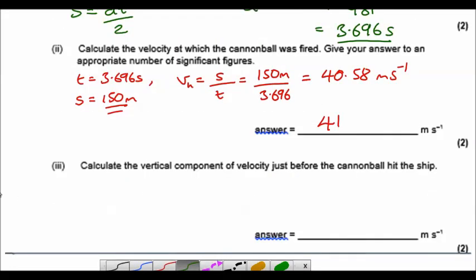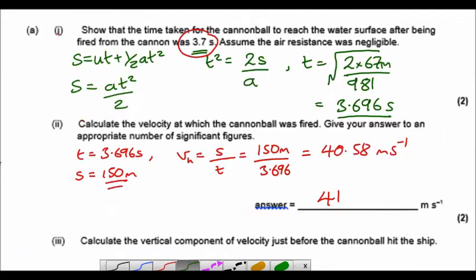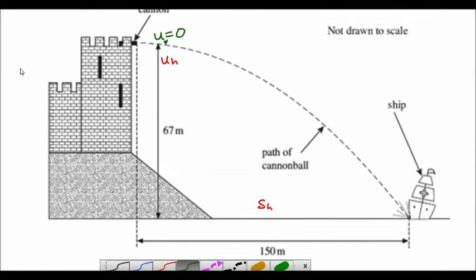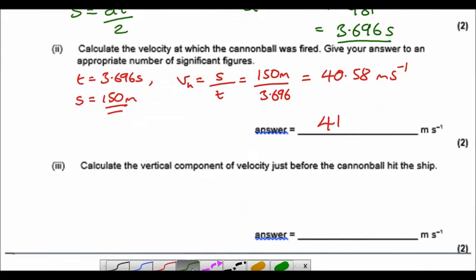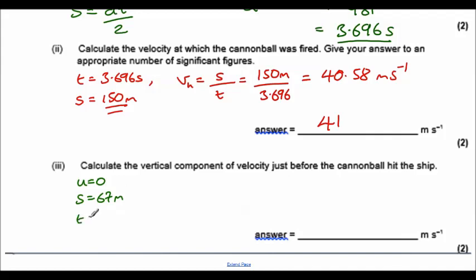Now, for our vertical part of the velocity, go back to the old diagram. We've got a u of 0. We have a distance of 67 meters, and we already know what the time was. So u equals 0, s equals 67 meters, and the time is 3.696 seconds.